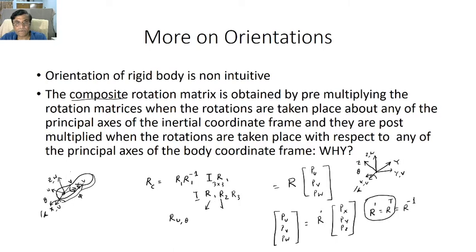This could be rotation about the y-axis of the body coordinate frame by an amount phi, and this could be rotation about the z-axis of the body coordinate frame by an angle psi. And what you are observing? You are observing that in this situation matrices are getting post-multiplied in the order.